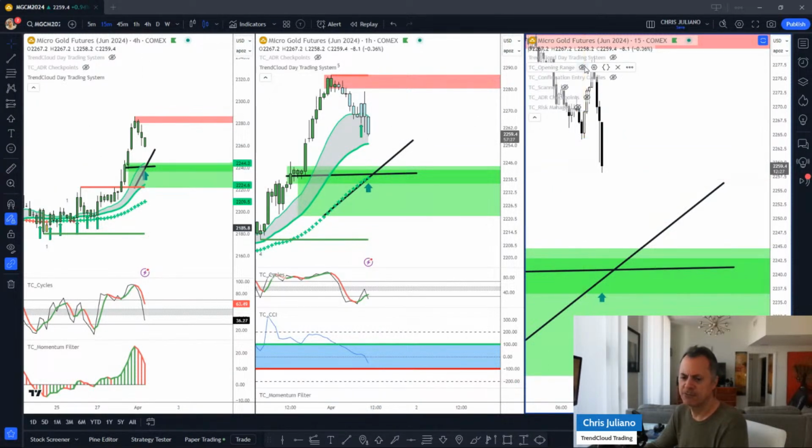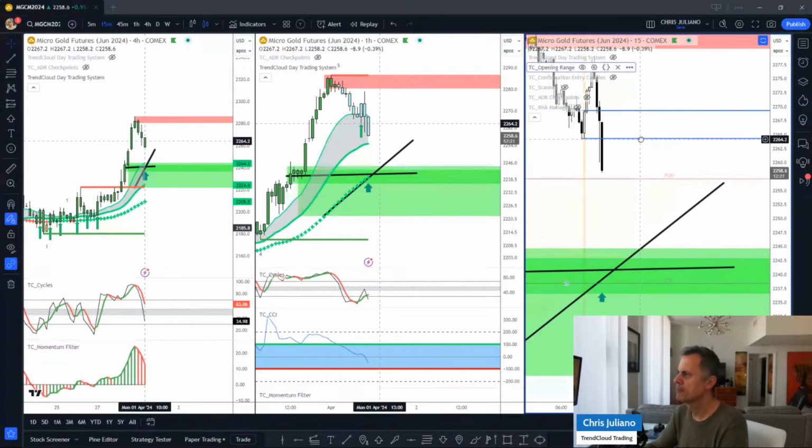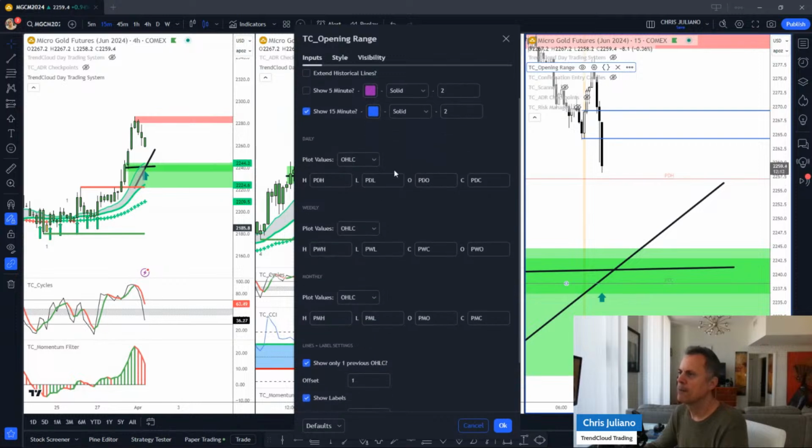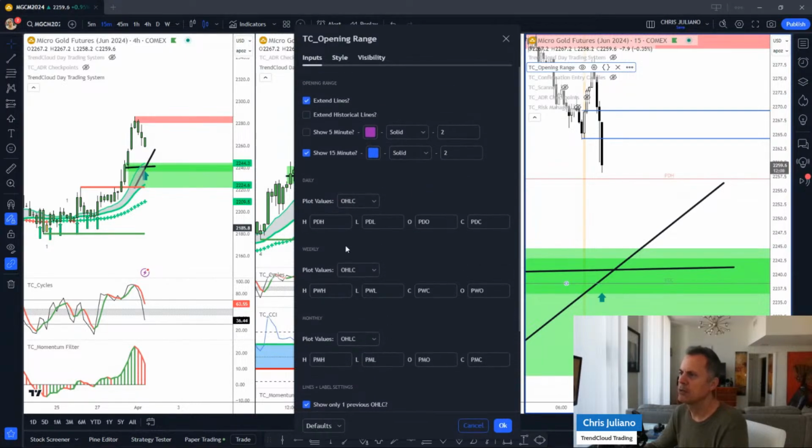See how it's flashing? When you put your open range tool on the chart, go inside of the opening range tool, Gary, and you'll see daily, weekly, monthly, right? Opening range. So you've got the daily, previous day's high, previous day's low, open, close.